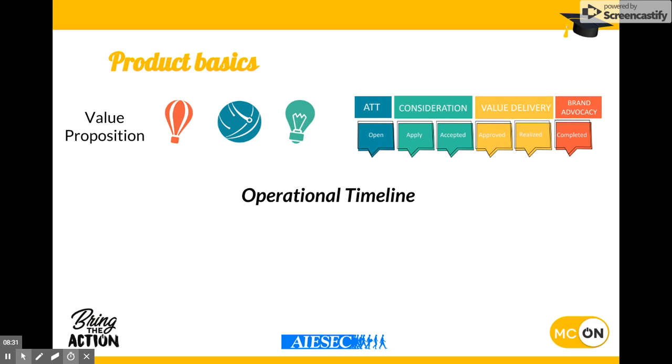So that's why it's very important to understand the moment in time that we need to attract the people, the moment in time we need to approve these people, and the moment in time in which we need to realize these people. So this is one of the main things that is very important to know. You need to be very aware of it in order to track your operations properly.